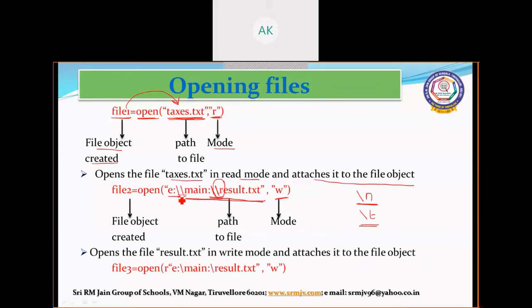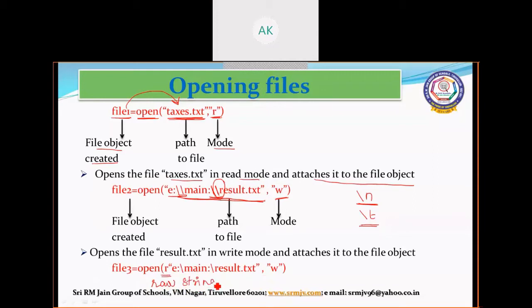If I don't want to give two backslashes, we have another method: open, r, e:/main:/result.txt, w. That is, r should be given as the first character before your file path, which means that a raw string is taken.